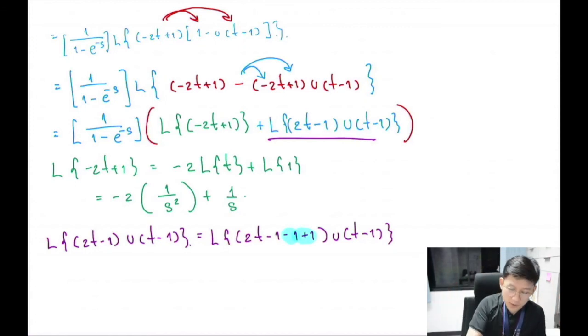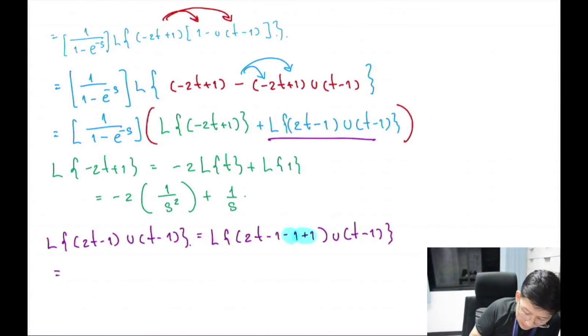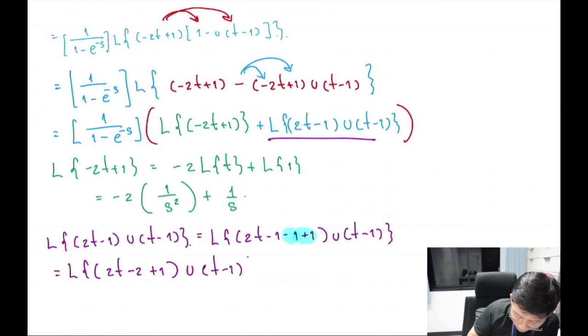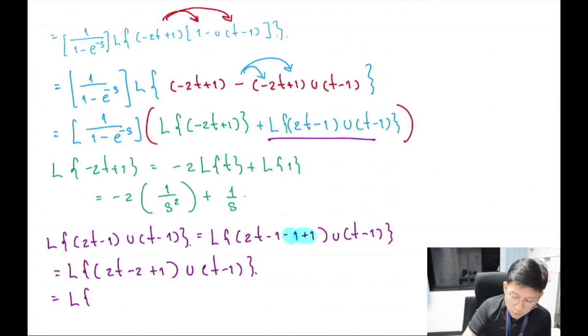Okay, so it's going to be Laplace transform of 2t minus 2, and then plus 1, u(t minus 1). And that is Laplace transform of, guys, I grouped these two terms together, and then I distribute it there.